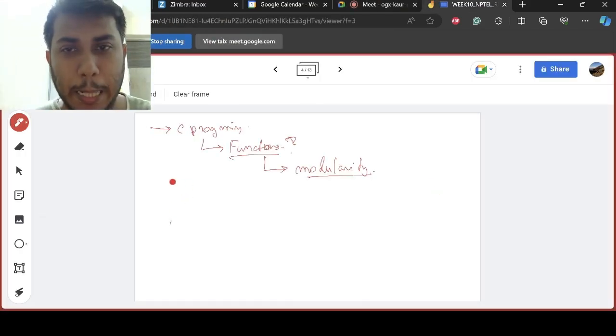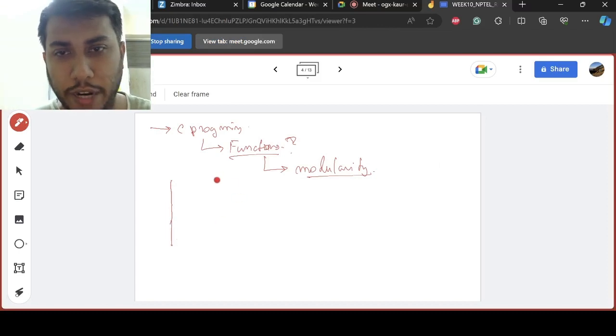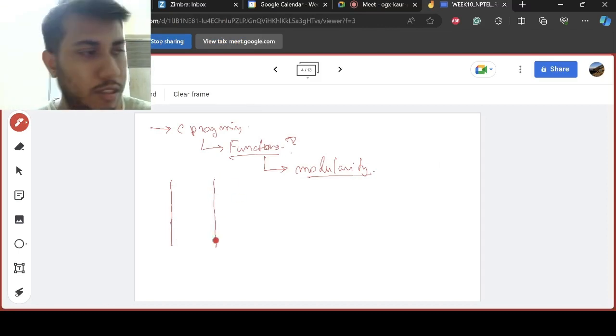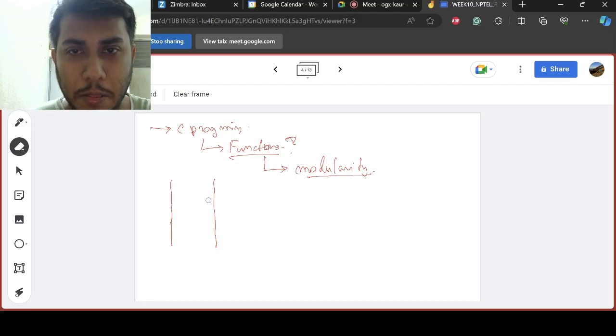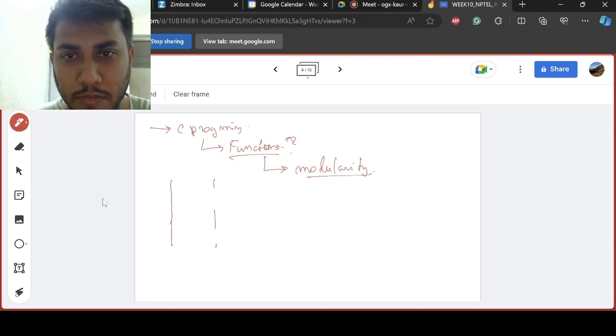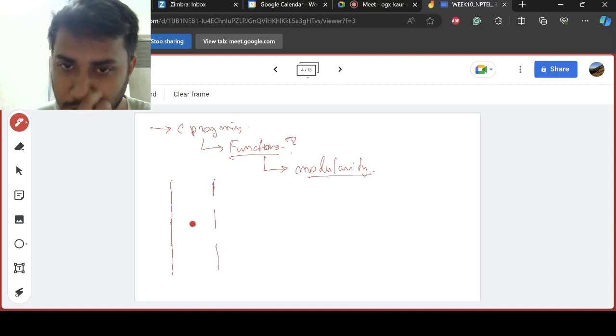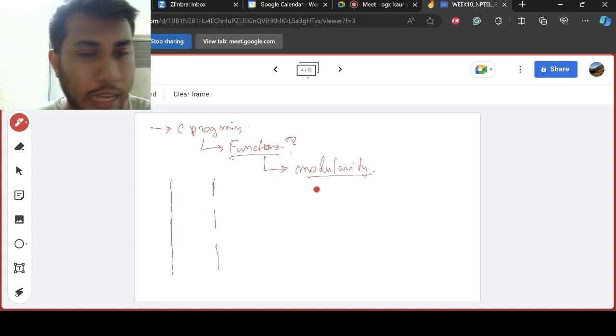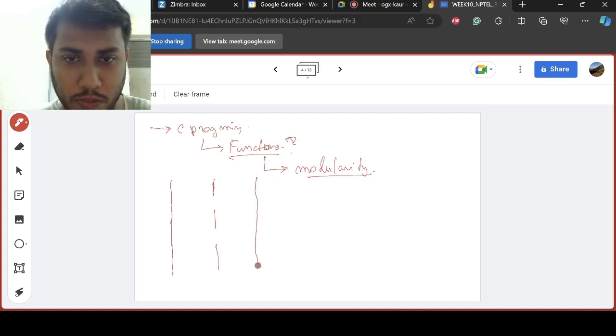Let's suppose you are at room A. So suppose you are in this room and this is another room, right? And these are the two doors you have.